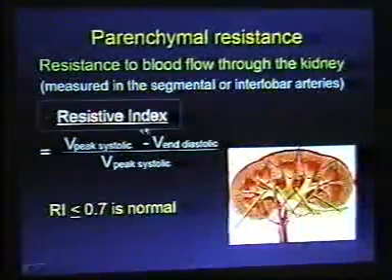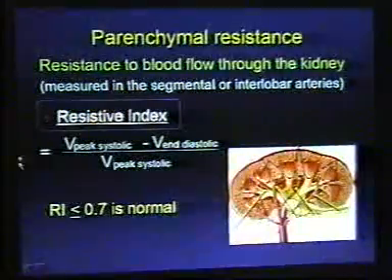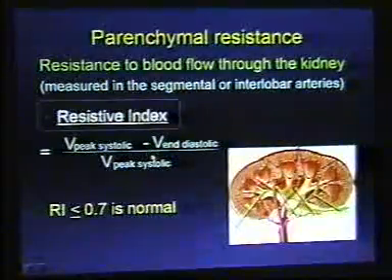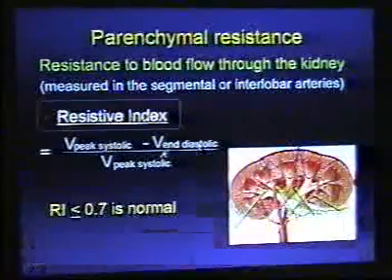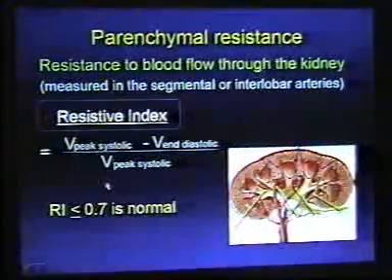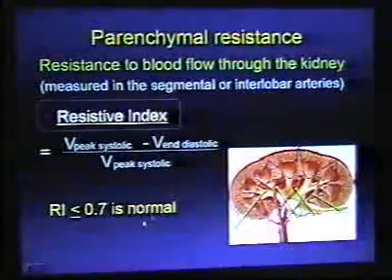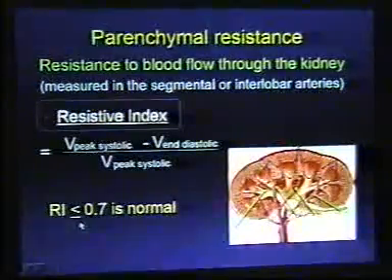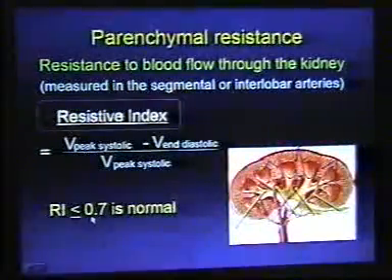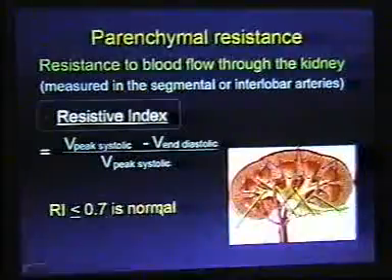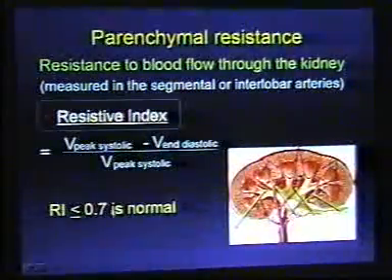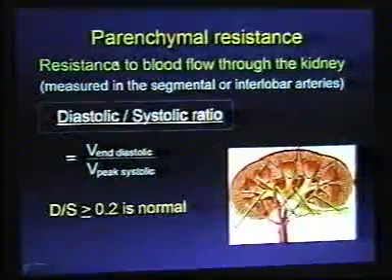The resistive index is measured by using this equation: peak systolic velocity minus end diastolic velocity divided by peak systolic velocity. It will give us resistive index, and it is usually less than or equal to 0.7, which is normal. It means if it is more than 0.7, it will be abnormal.